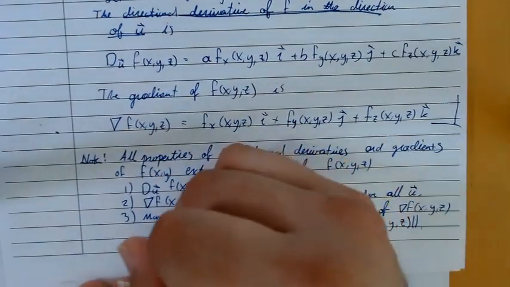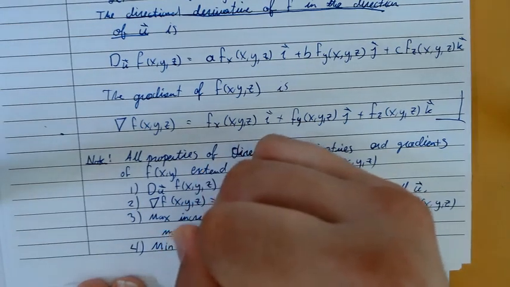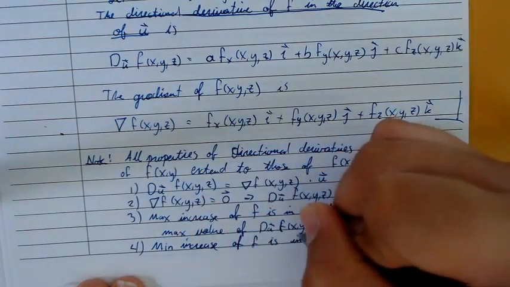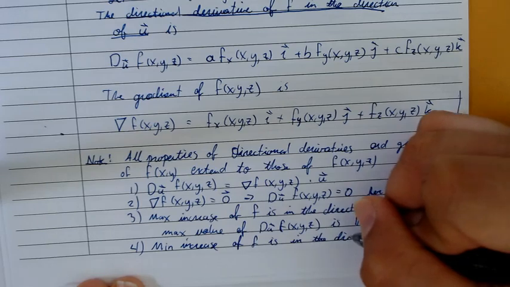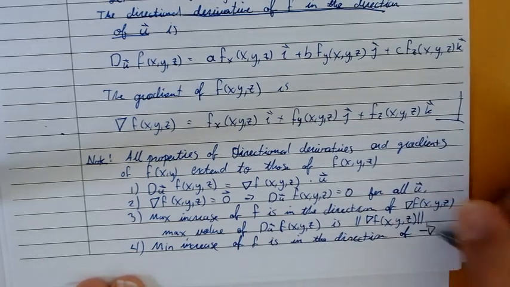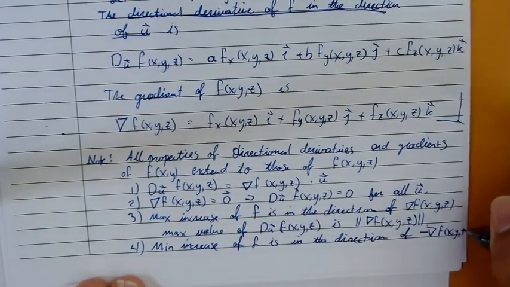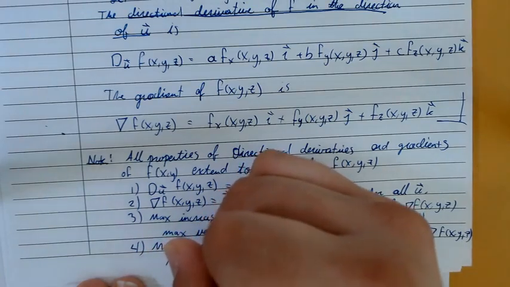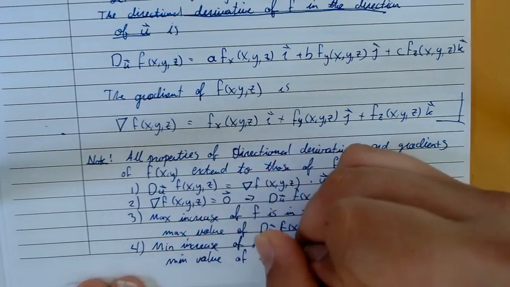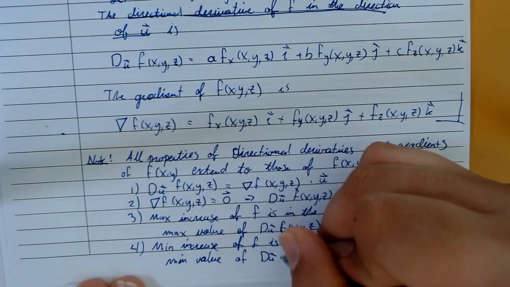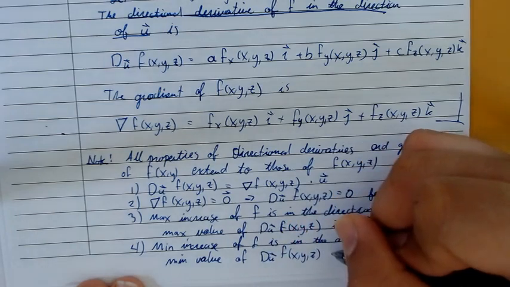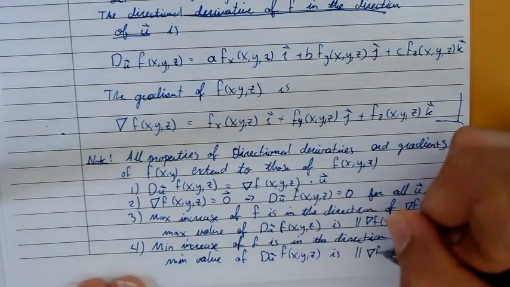And finally, number 4, the minimal increase of f is in the direction of negative the gradient of f of x comma y comma z, and the minimal value of the directional derivative of f at x comma y comma z is equal to negative the magnitude of the gradient at that point.